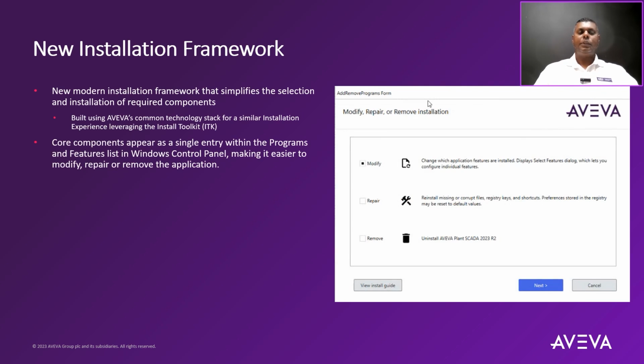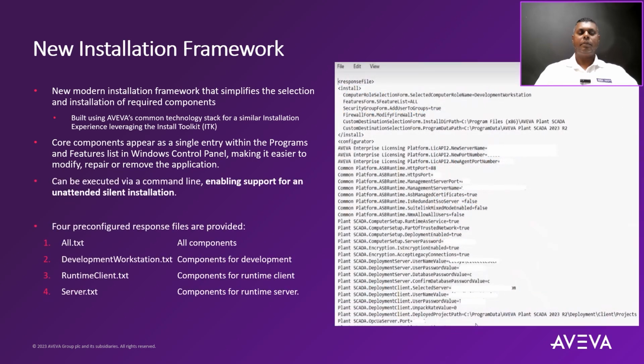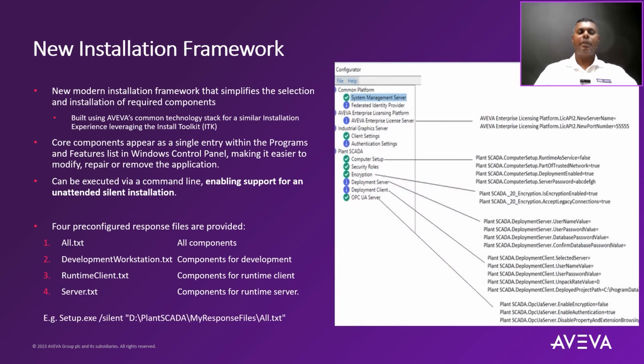These are: all components, a development workstation component, a runtime-only component, as well as components for a runtime-only server. These pre-configured response files can be customized to any of the features needed for the installation, as well as the options to automatically configure items in the configurator, which typically occurs post-installation.